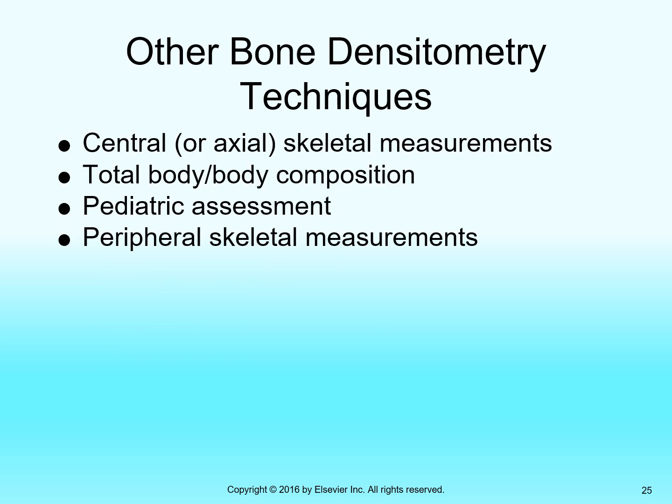Right, so in addition to the regular survey exam, central skeletal measurements, and total body composition measurements, you can do a pediatric assessment and peripheral skeletal measurements, but it might be that the calculations are slightly different for those other bone densitometry procedures.